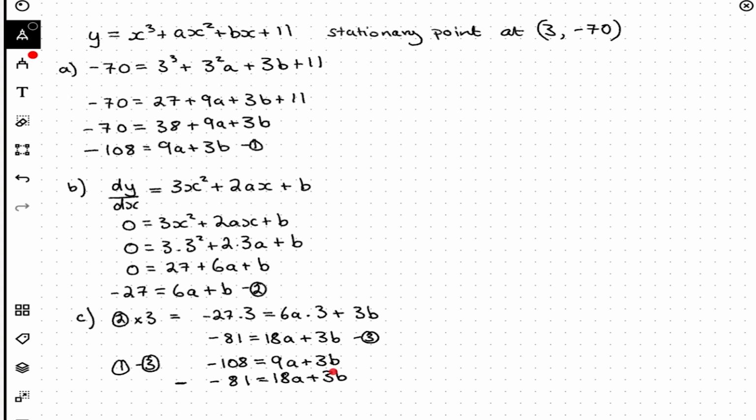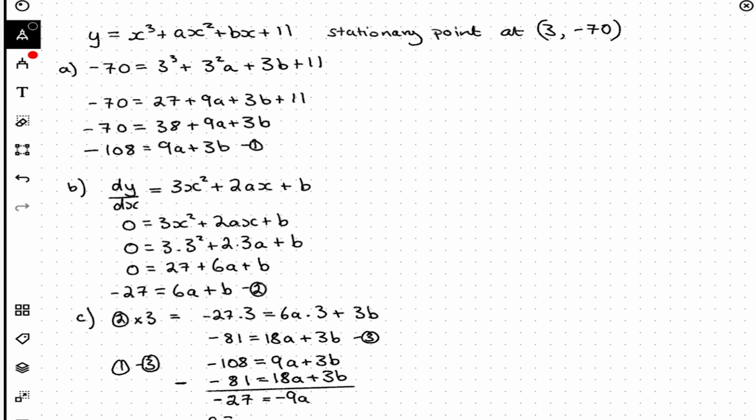I could have done this the other way around. Minus 108 minus minus 81 equals minus 27. 9a minus 18a equals minus 9a. 3b minus 3b is 0. So we end up with minus 27 equals minus 9a.